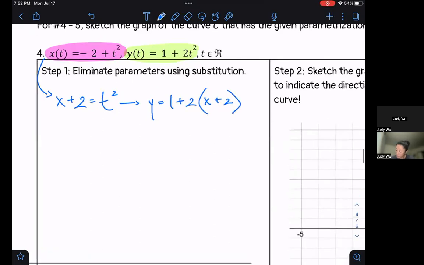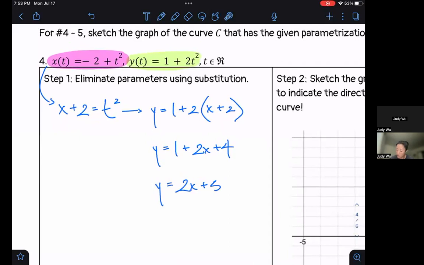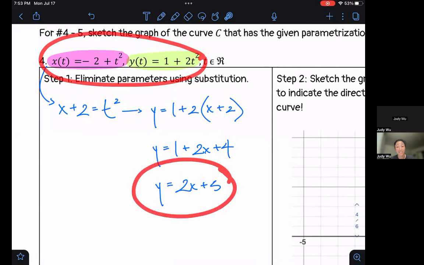All right. I'm going to do a little simplifying here. Let's see what happens. Y equals 1 plus 2x plus 4. And I'm going to combine some like terms. Y equals 2x plus 5. Okay. Oh my goodness. Are we saying that this complicated looking set of equations, these parametric equations, is secretly telling us we have a line?